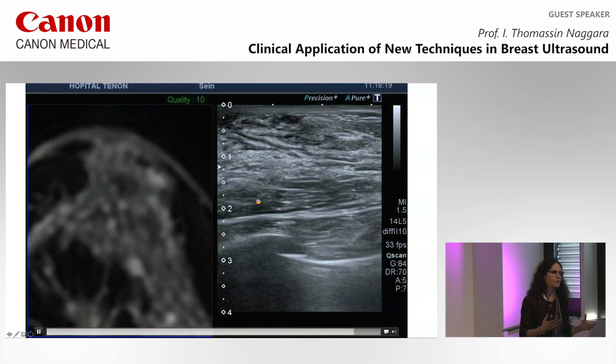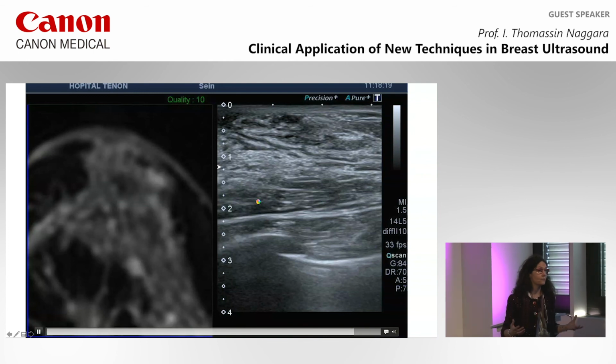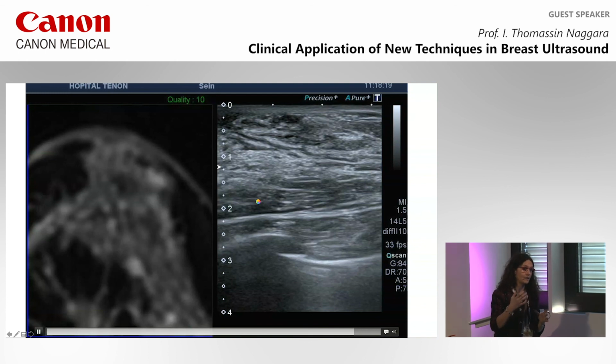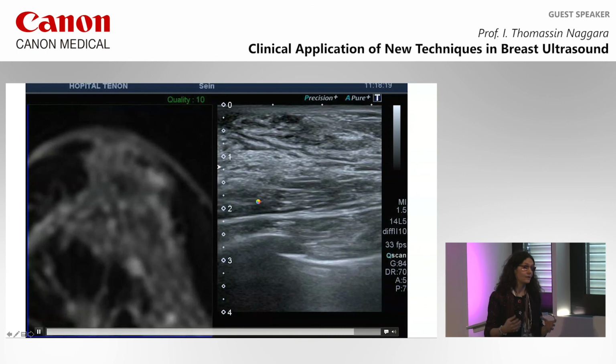But for lesions that look benign on B mode, you can combine elastography and SMI, and I think it's the combination of both techniques that helps you not to miss any cancer, because sometimes, especially in young women with BRCA mutation, a cancer can look like a fibroadenoma but be a triple negative lesion. These lesions are soft on elastography, so you can miss them. Elastography will not help you, but SMI can help you recognize this cancer.